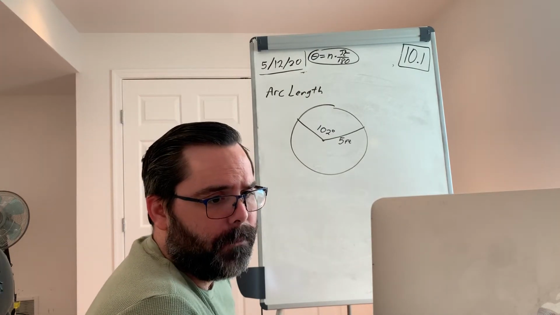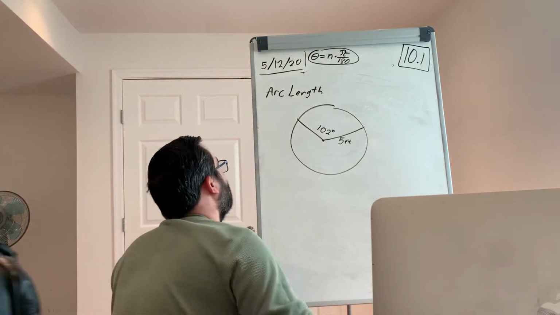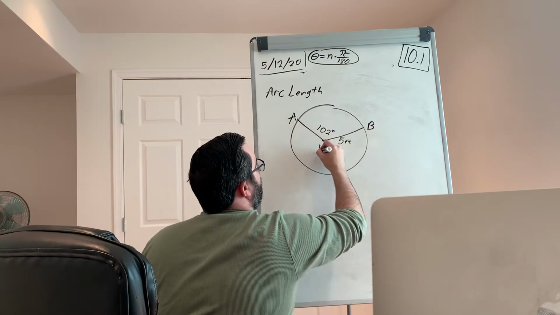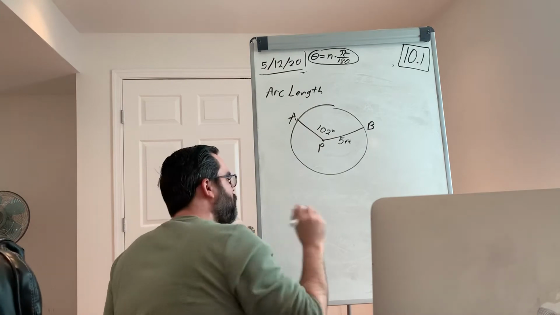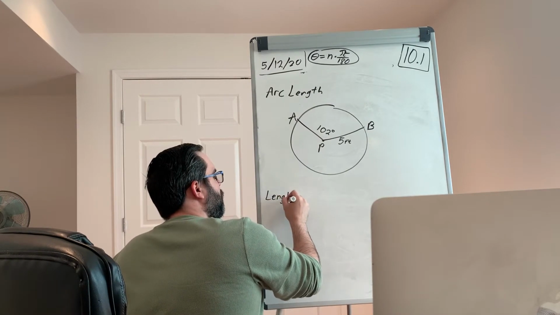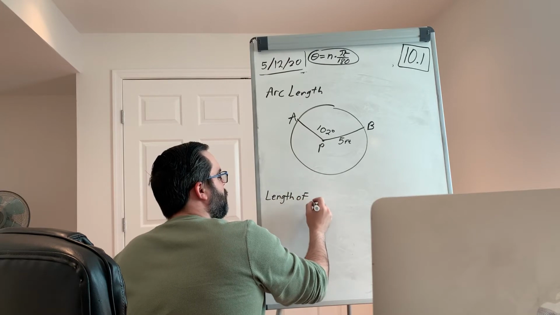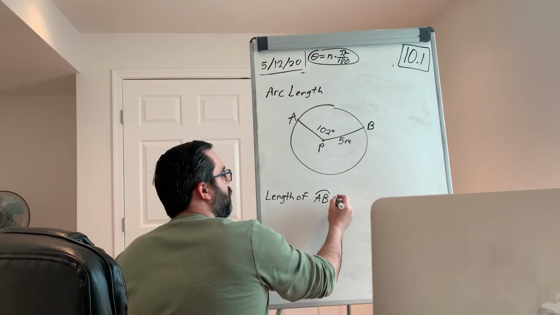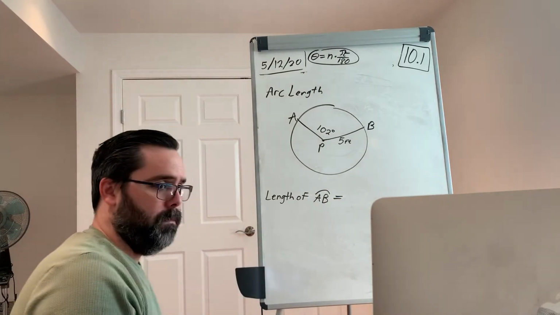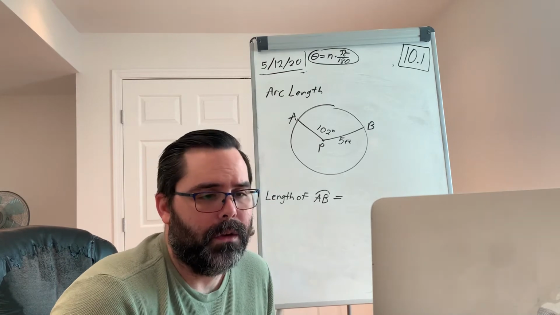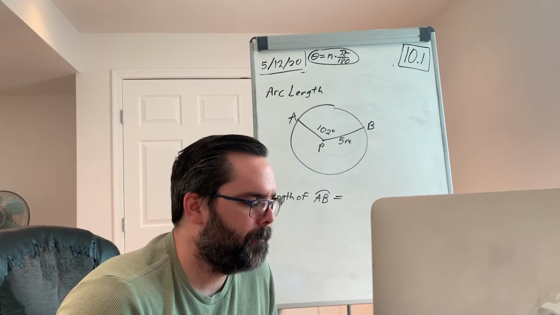So it's a big circle. What is the length of arc AB? Well, you don't know because I haven't told you how to do it yet.